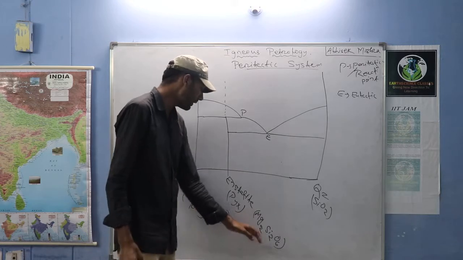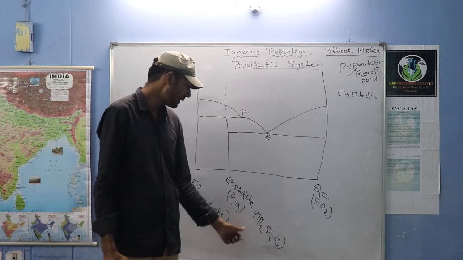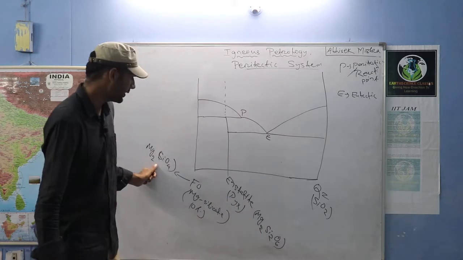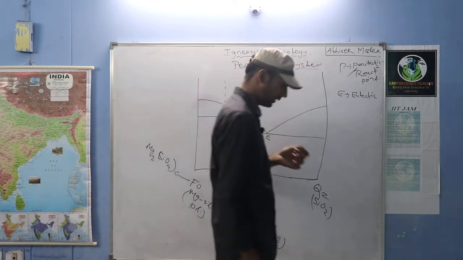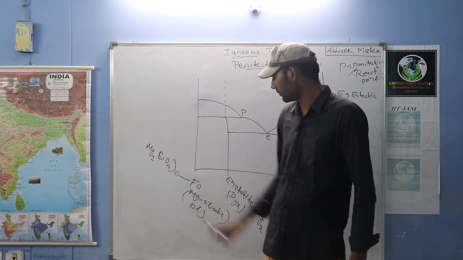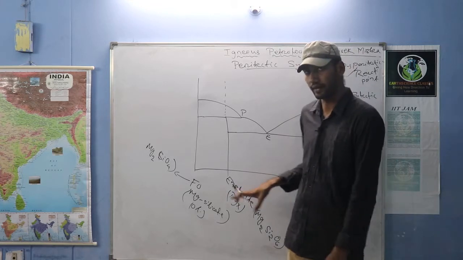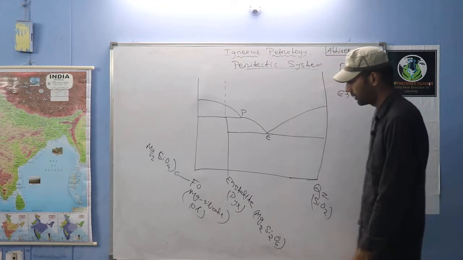Pyroxene is a chain silicate. We have studied silicate structures in mineralogy, right? Forsterite is a nesosilicate, that means 1:4. Pyroxene is a chain silicate, a single chain silicate, so 1:3.